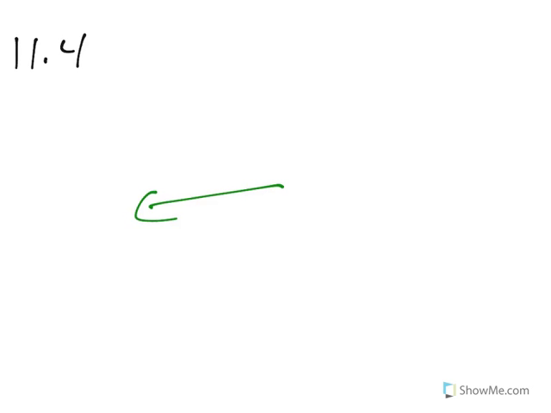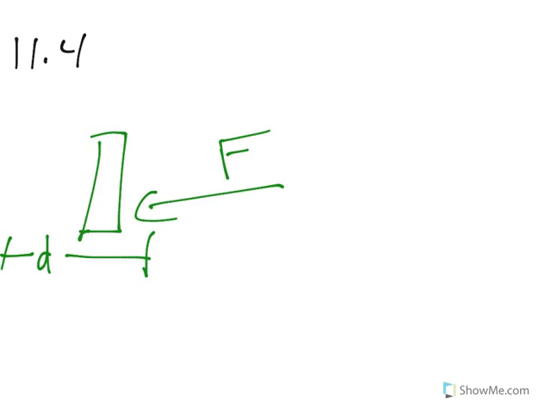Well, if he's pushing it this way and he displaces it in the same direction, remember that if the force and the displacement are in the same direction, you are doing work, and he should be doing positive work because he's helping the object move. He's pushing the object in the direction of movement. And so when you're doing that, you're doing positive work. So that's the way you would think about that one.